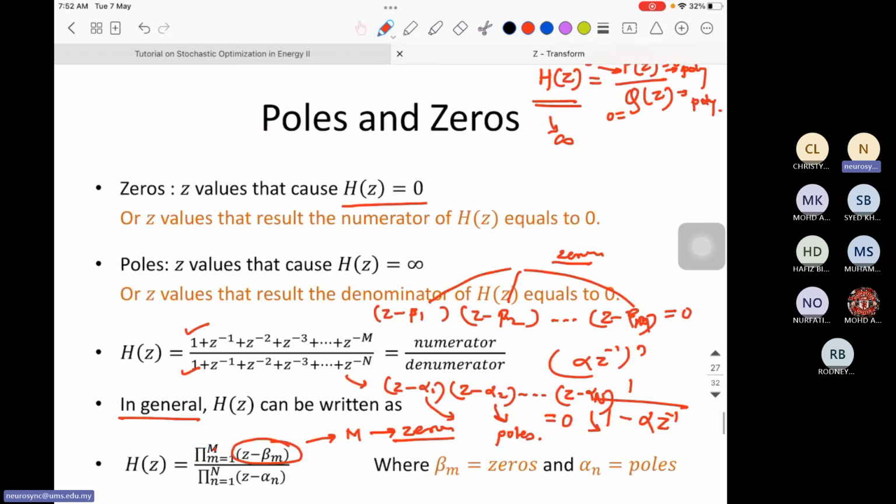While calculating the stability, we use the impulse response, that is h of n.